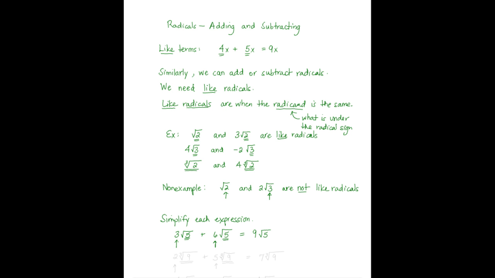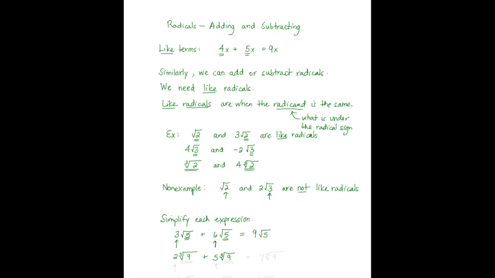Just like in 4x plus 5x, in our very first example, we did not change the variable. Here, we do not change the square root of 5. Let's try another example. 2 times the cubed root of 9 plus 5 times the cubed root of 9.